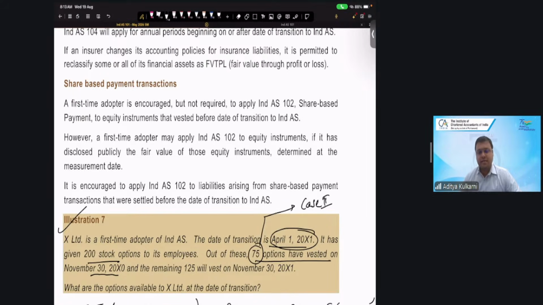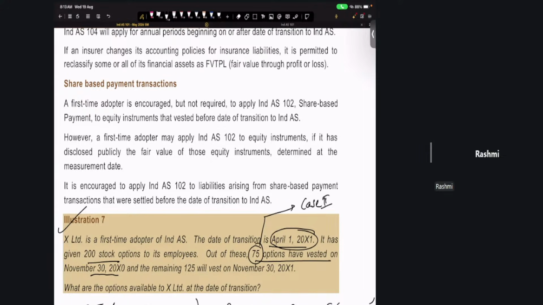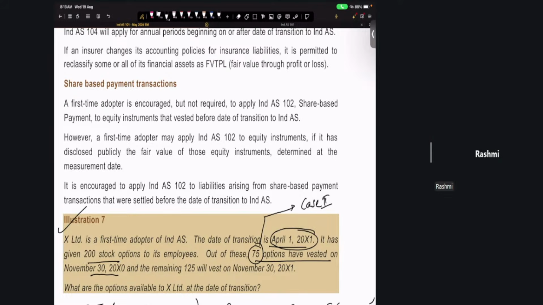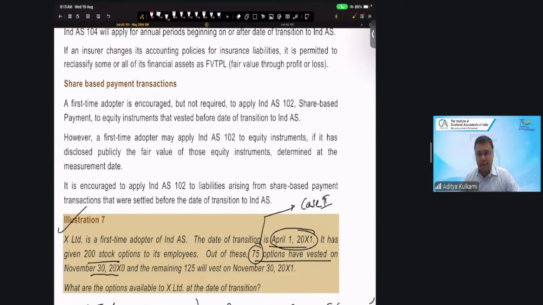So we'll assume exercise is pending. Okay, so now can I say that this falls under category 2? Yes, sir. So what options do I have? I can take the previous GAAP value for SBP reserve. Yes or no? Yes, sir. Or I can do a fair valuation.